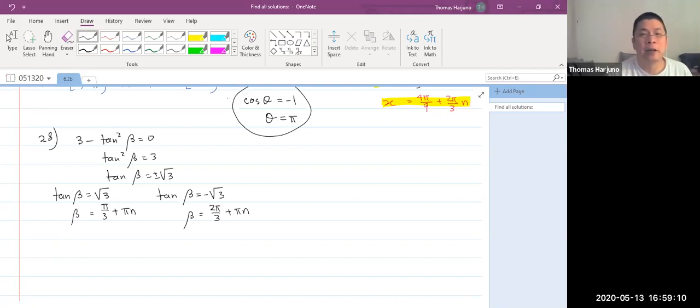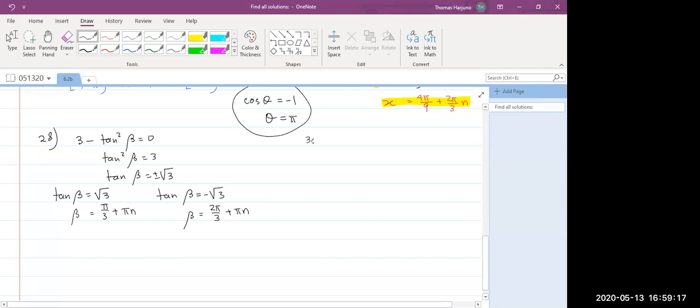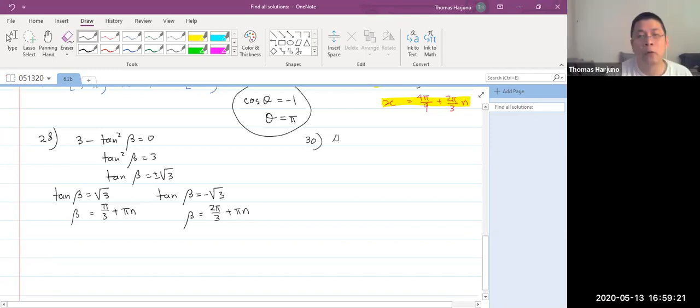Number 30. Very similar question: 4 sine squared x minus 3 equals 0. Now let me ask you to solve that. You will have 4 branches later on.